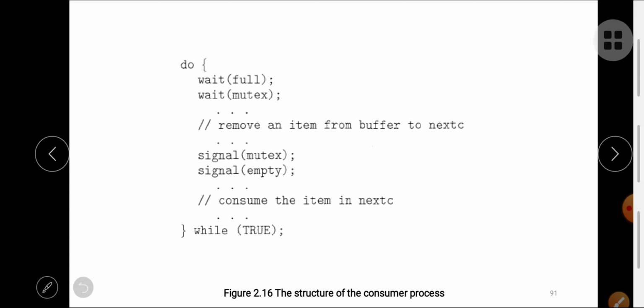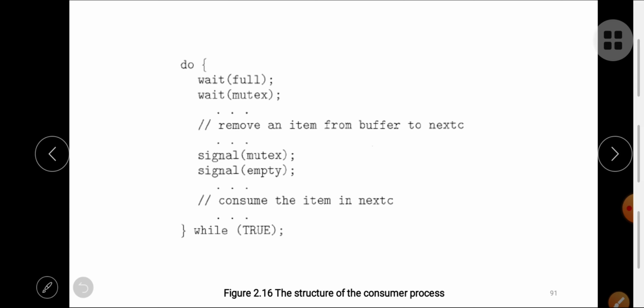And this is the code for the consumer process. Do wait full. Wait means decrement. The consumer's duty is to make the buffer empty, so it decrements the value of full, full minus minus, and it also decrements mutex, mutex minus minus, and removes an item from the buffer to next consumer, and signal mutex, so mutex plus plus, signal empty, so empty plus plus.